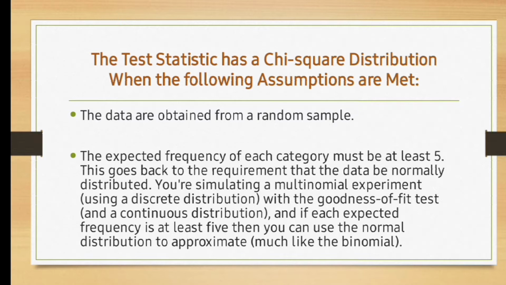We are to simulate a multinomial experiment, like using a discrete distribution with the goodness of fit test and a continuous distribution. And if each expected frequency is at least 5, then you can use the normal distribution to approximate, much like the binomial.